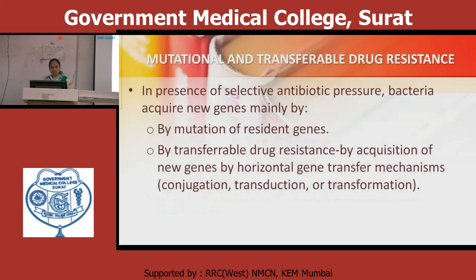Now, mutational and transferable drug resistance. In the presence of selective antibiotic pressure, bacteria acquire new genes mainly by mutation of resident genes, or by transferable drug resistance through acquisition of new genes by horizontal gene transfer mechanisms like conjugation, transduction and transformation.